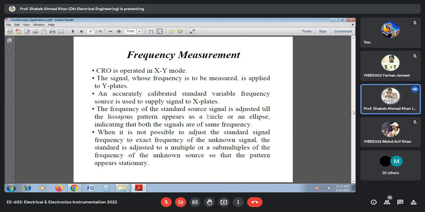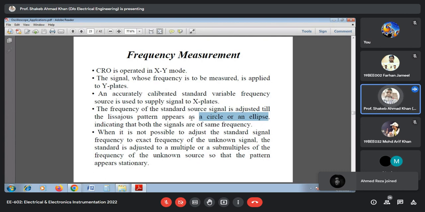And when you have a circle or an ellipse, this is the indicator that the frequency of the known signal source is equal to the frequency of the unknown signal. So whatever is the frequency of the known, the same will be the frequency of the unknown. So this is one of the ways to measure the frequency.